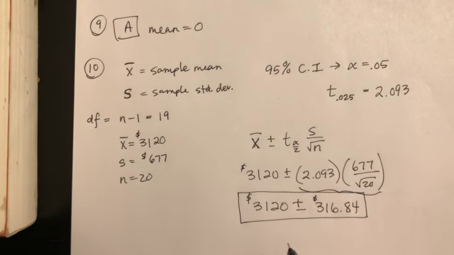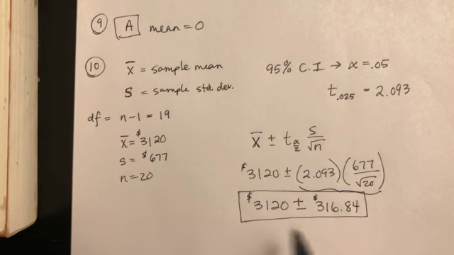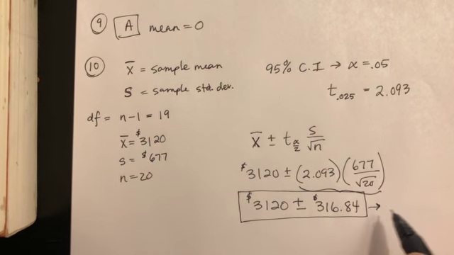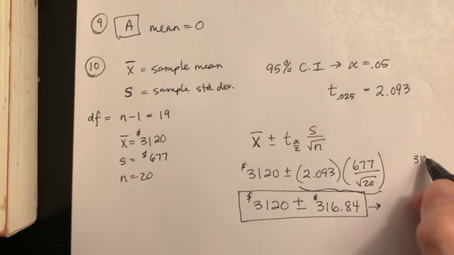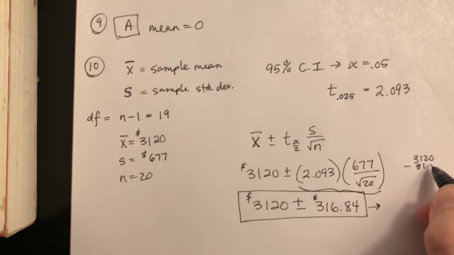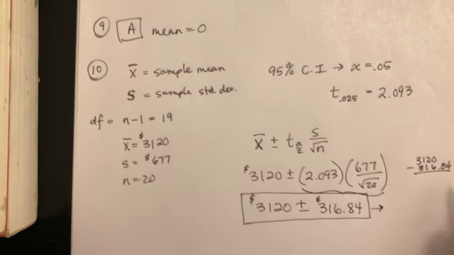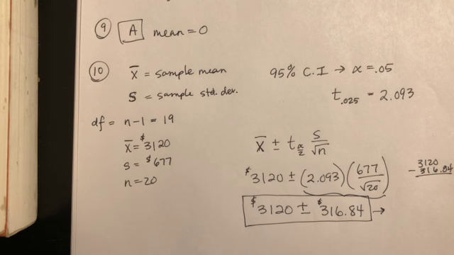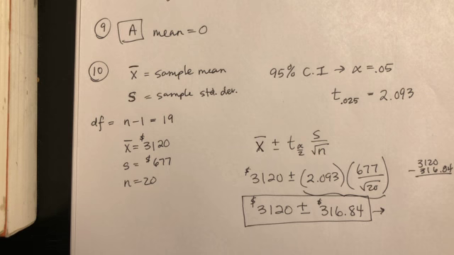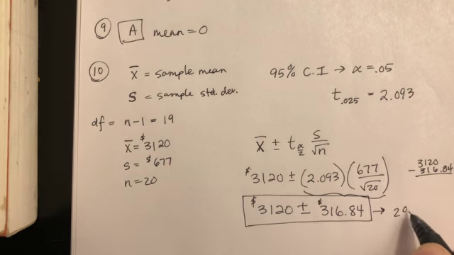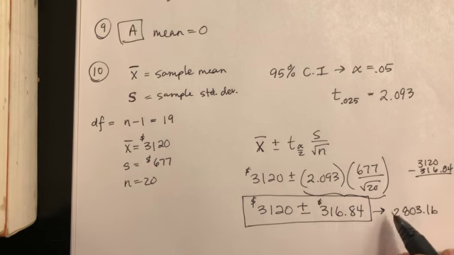That's not how they have it as the answer choices, though. They want you to add this number to the mean and subtract this number from the mean to get the two numbers in an ordered pair. 3120 minus 316.84 is 2803.16.